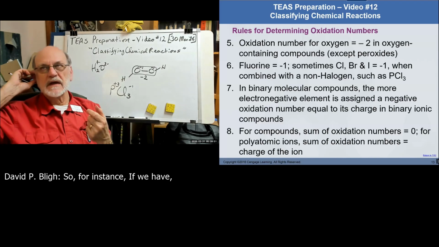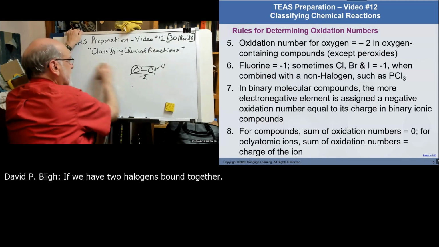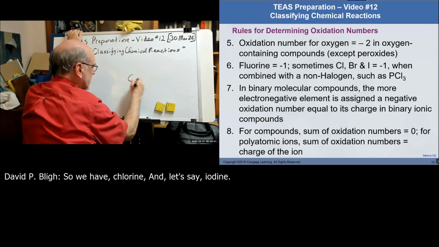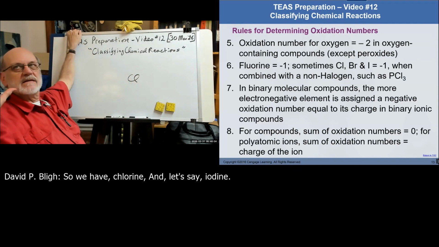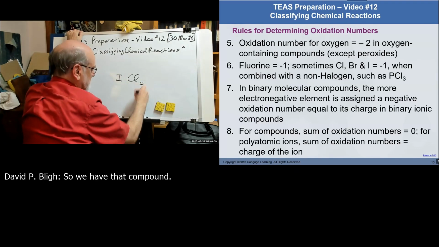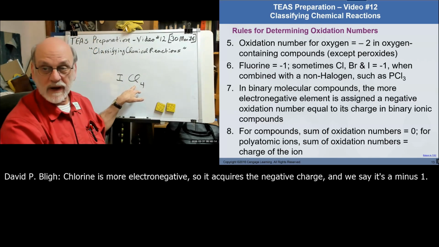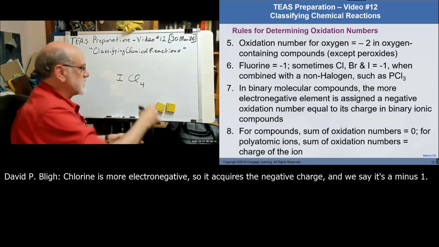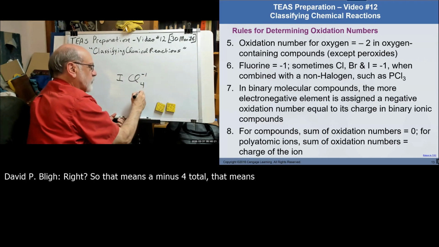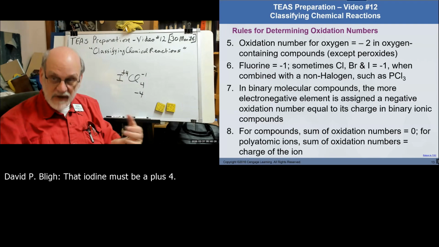For instance, if we have two halogens bound together, so we have chlorine and, let's say, iodine. Chlorine is more electronegative, so it acquires the negative charge, and we say it's a -1, right? So that means a -4 total. That means that iodine must be a +4.